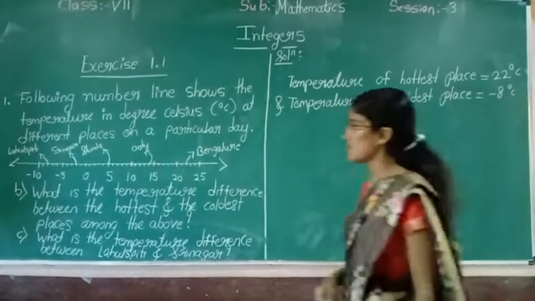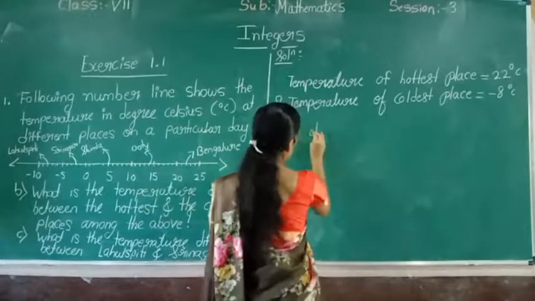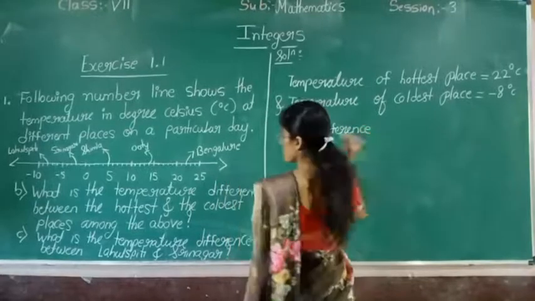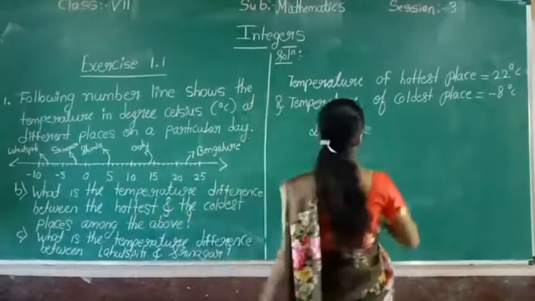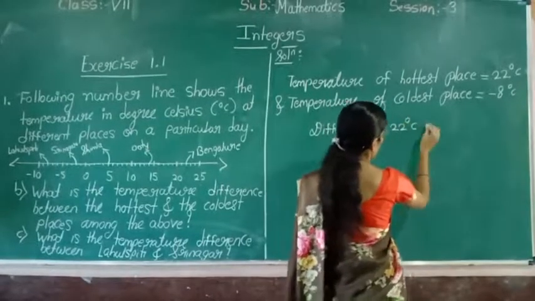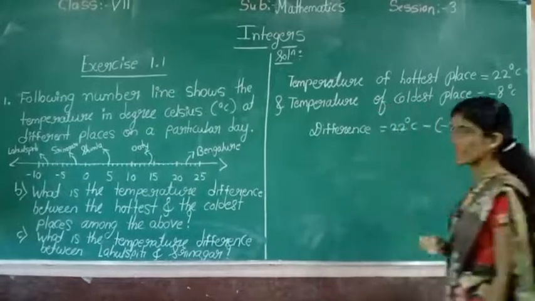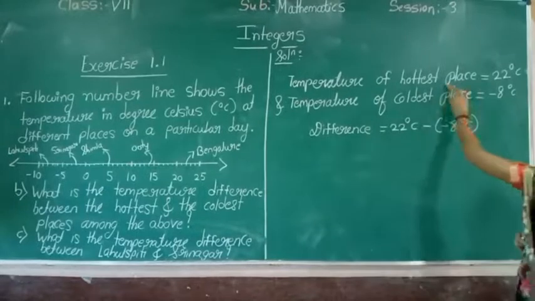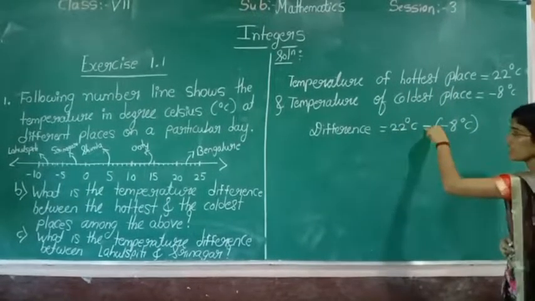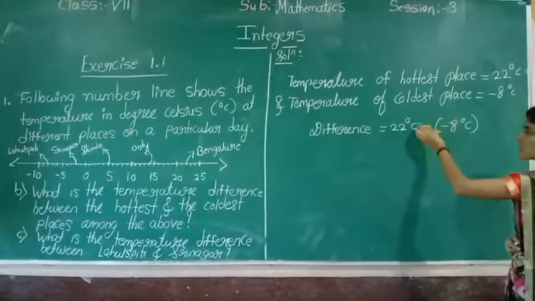Now, what is the temperature difference? We have to find the temperature difference between the hottest and the coldest place. Hottest place is 22 degrees Celsius minus of minus 8 degrees Celsius. Students, don't get confused. They asked us for the difference of the hottest place and the coldest place.